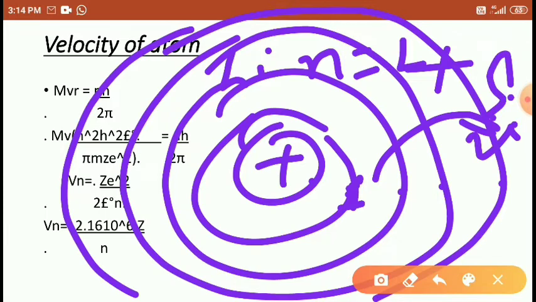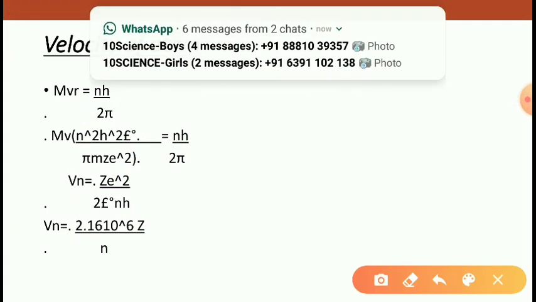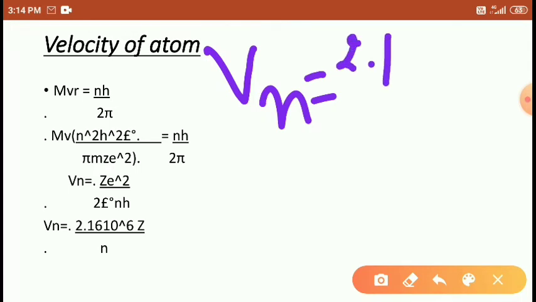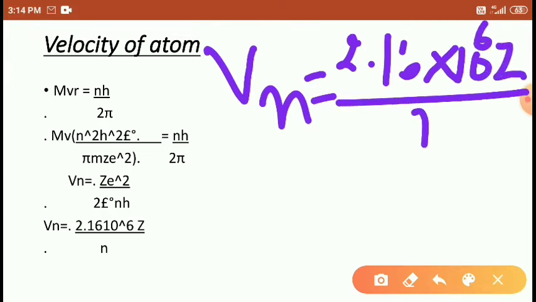We have to calculate it. For that purpose, Vn is equal to 2.16 into 10 to the power of 6 into Z by n.